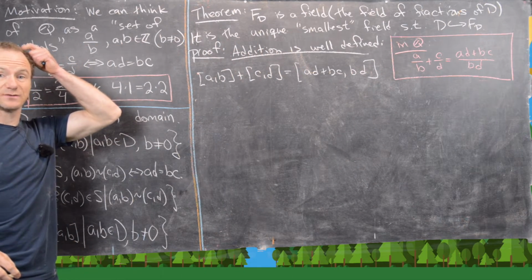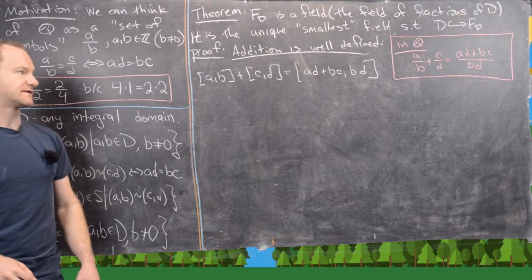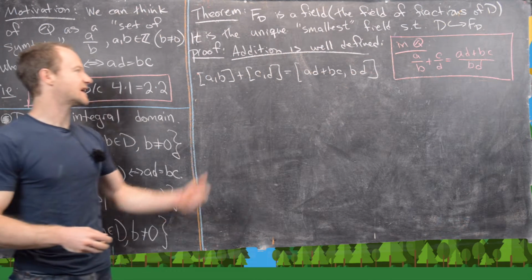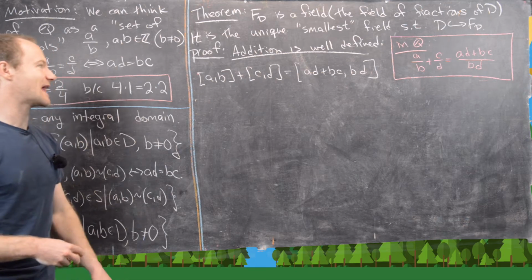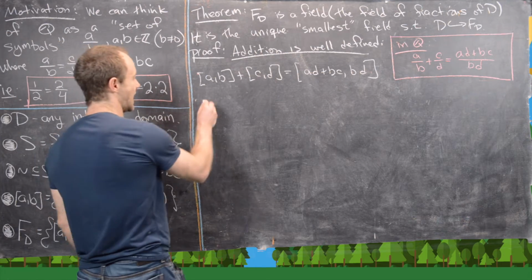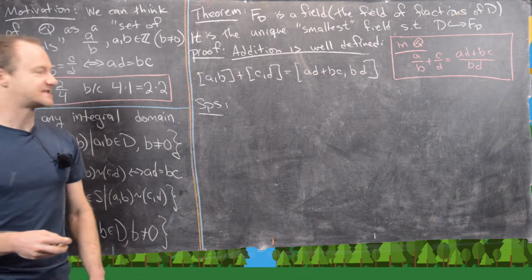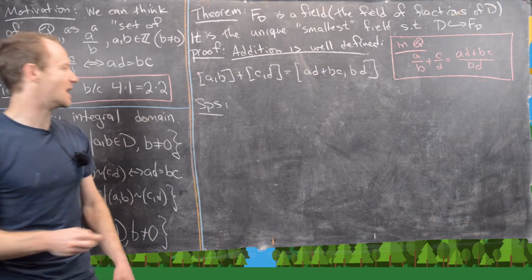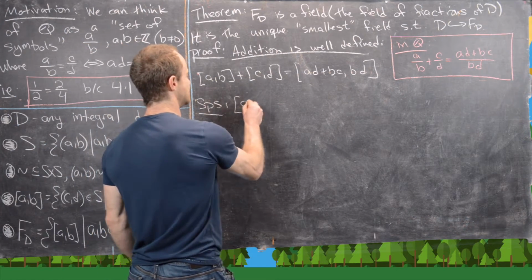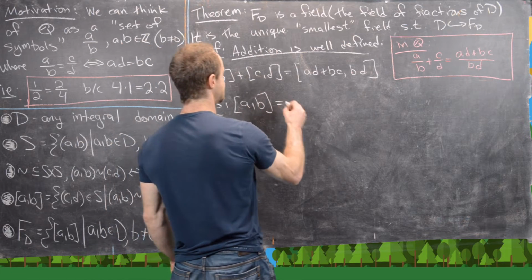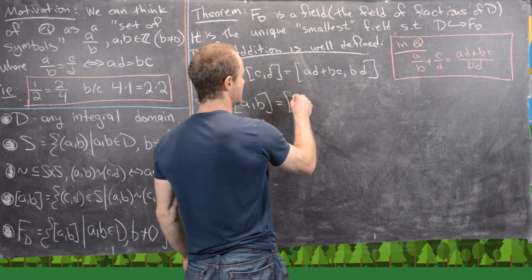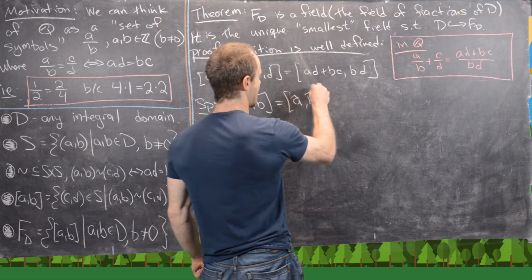So we want to check that that is well defined. So that means we want to take an element in F_D that might have two different names and show that regardless of which name you use, you get the same quantity when you add them up. So let's go ahead and suppose that (A, B) is equal to, maybe we'll call it (A hat, B hat).